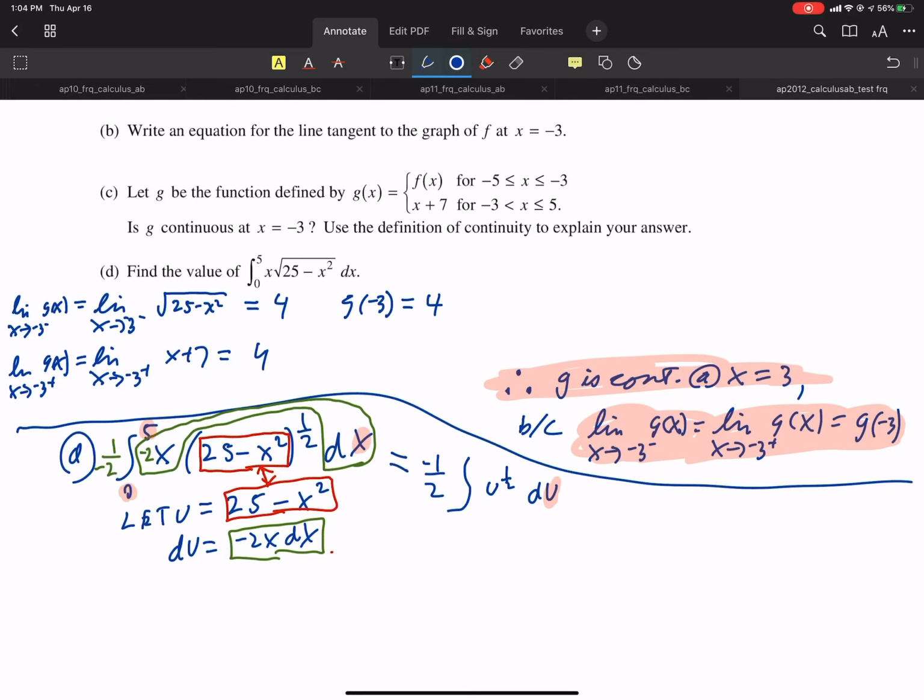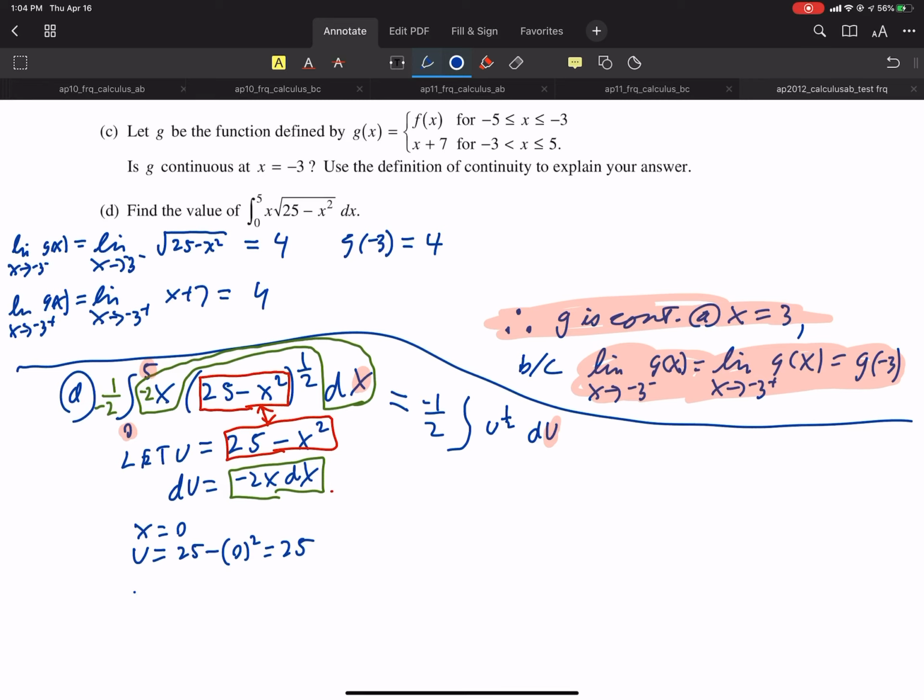So let's do that. When x is 0, u will be 25 minus 0 squared, which is 25. And then when x is 5, u will be 25 minus 5 squared, which is 0. So we're going to integrate from 25 to 0.